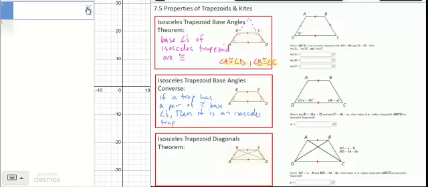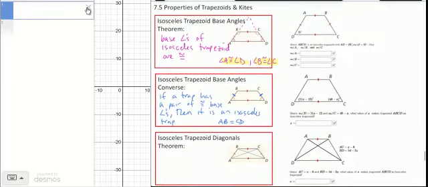So if one pair of base angles is congruent, then you know it is an isosceles trapezoid. That would give you the property that these legs, AB and CD, would be equal. You would also know that angle B and angle C would be equal as well.